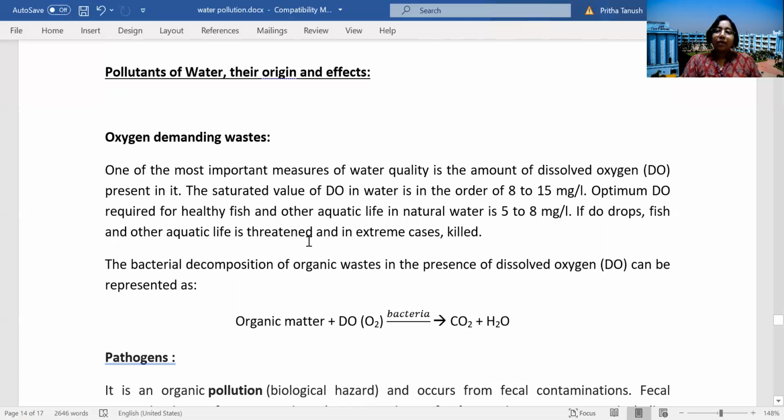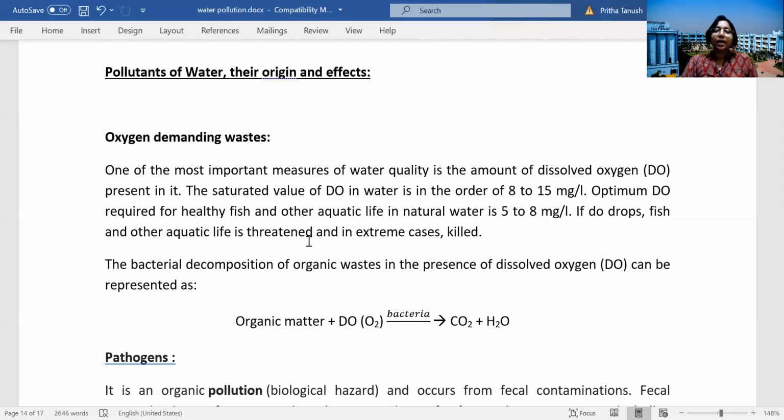So if the amount of organic waste or oxygen demanding waste increases, that is very harmful for the water bodies. Because for aquatic life, it is required to maintain minimum dissolved oxygen, at least 5 to 8 milligram per liter.